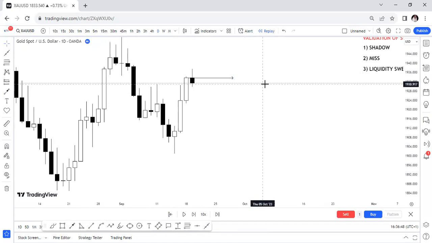I told you in the beginning of this course that the market is all about what? It's all about price manipulation or rejection. Price will reject a particular level at the top because it's resistance.